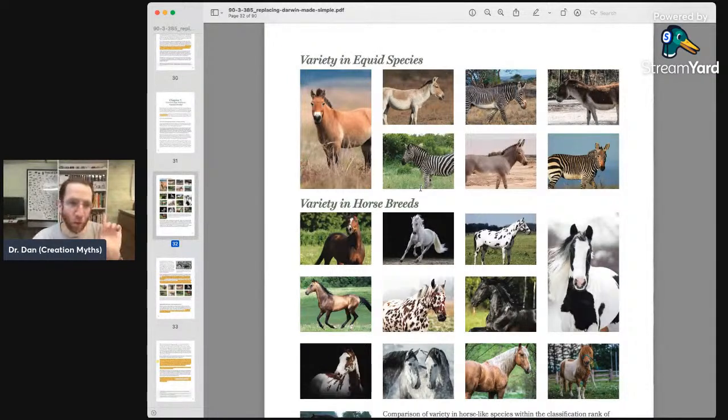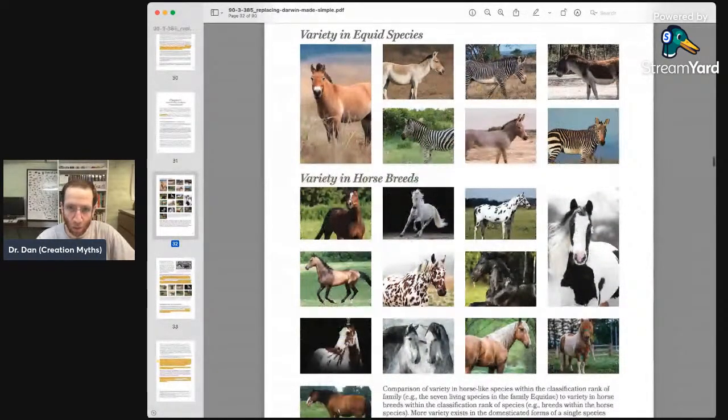What Jeanson says, and he does a really interesting bait and switch here, is, look, there's actually more variation in your breeds, your varieties within a species, than there is in the species within a family. There's more variation within the breeds than there are between the species. Now, he's talking specifically here about morphological variation, phenotypic variation.